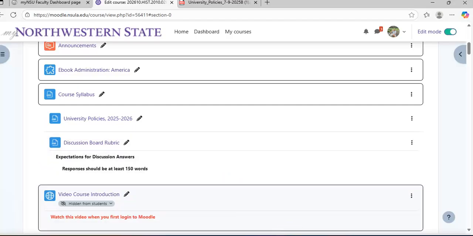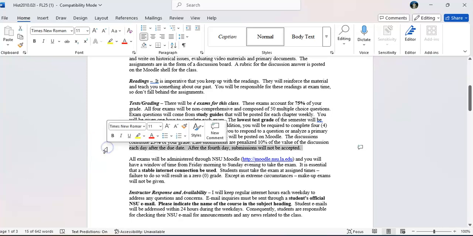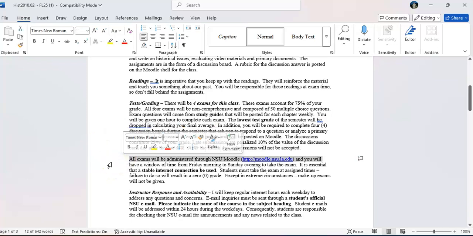That is not allowed. The syllabus clearly states that after the 4th day, I will start grading them down for late submissions, and the discussions will not be accepted. So if it's due Friday and you think you can turn it in the following Friday, that's not going to happen. So again, please take these seriously.